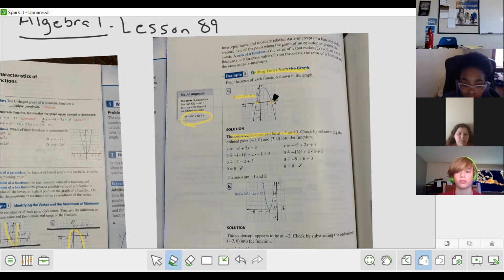And we can check by substituting, and this is what they do. Substitute the x and y values in the equation. And they did that here. Put a -1 here and a -1 here to see if it works. Yeah, 0 equals 0.